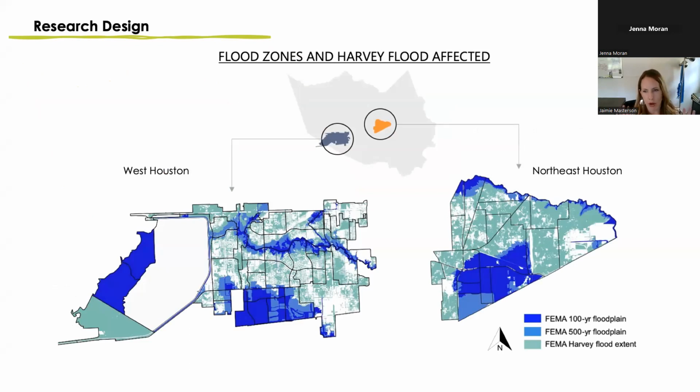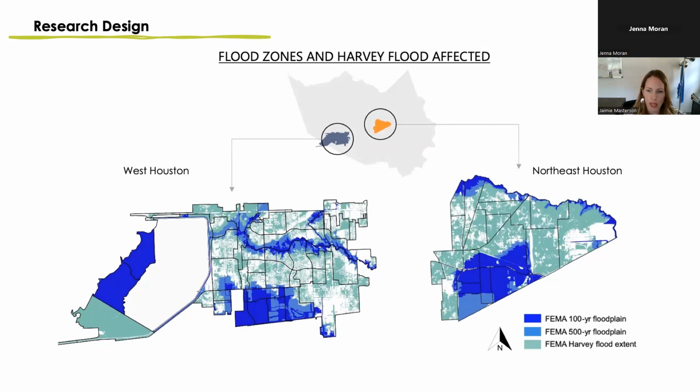This is just a mind-blowing map to me. What you see here are those two neighborhoods. The one on the left is that more affluent neighborhood on the west side, and the socially vulnerable neighborhood is that one on the northeast side. You're looking at the FEMA special flood hazard area in that darkest blue color, and then you can also see that 500-year floodplain as well.